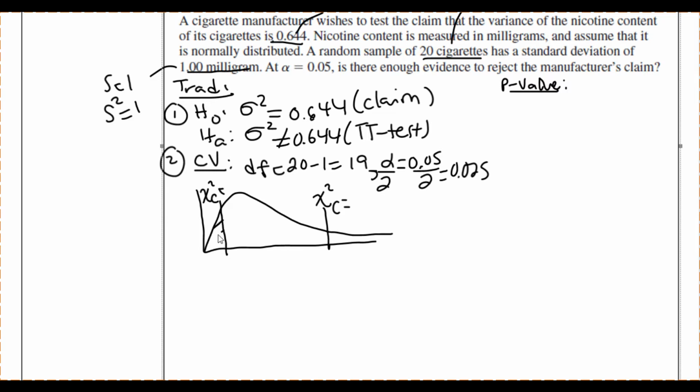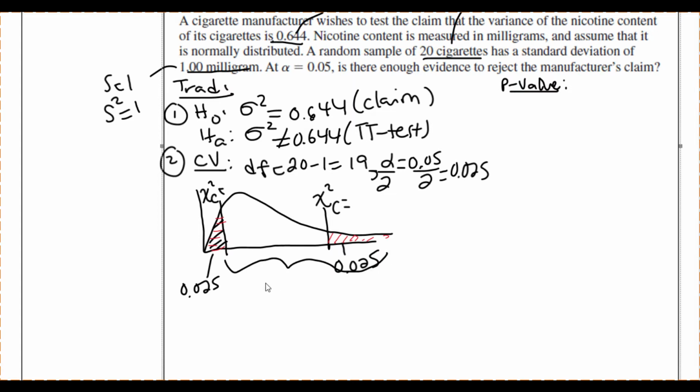So the area on both sides is 0.025. And I'll do this in red because these are our rejection regions. So this is also 0.025. Now when we look up the chi-square critical on the left, remember that the chi-square distribution gives us the area on the right.